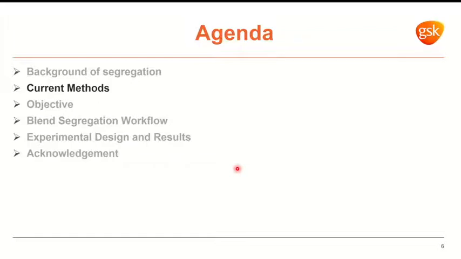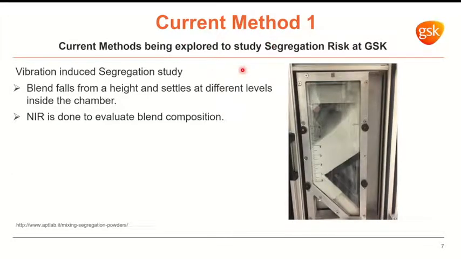There are several methods to study segregation in a pharmaceutical setting, and I'm going to take you through some of the current methods that are being employed. One method that is already used to study segregation risk at GSK, for example, is the vibration-induced segregation study.